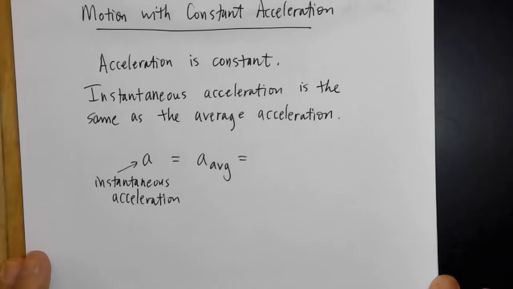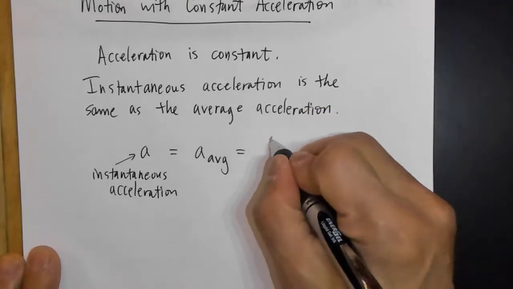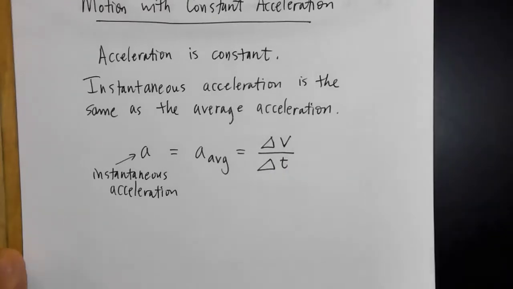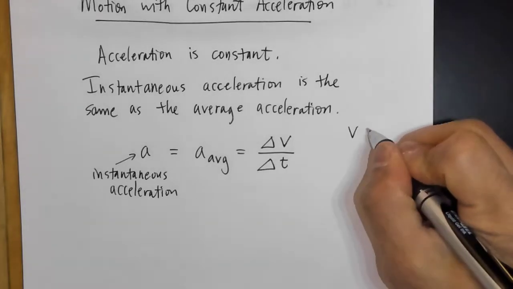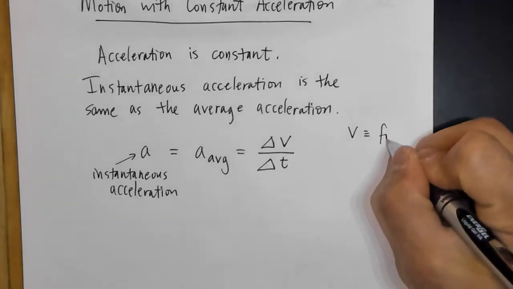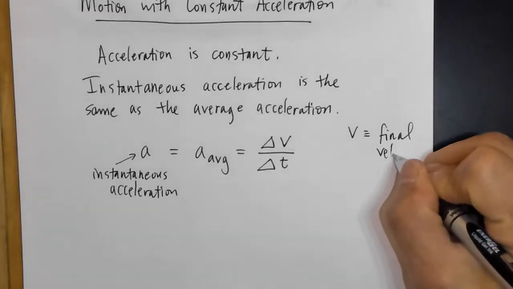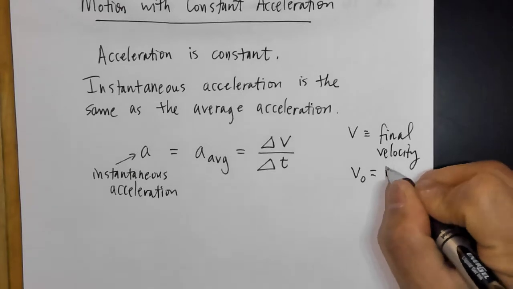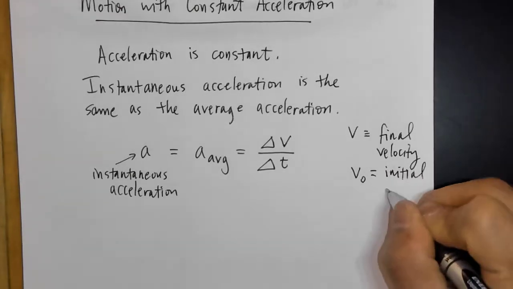But what was our formula for the average acceleration? In a given time interval, it's the change in the velocity over the change in time. Now, in what I'm about to do here, let me use v as the final velocity, and v0 as the initial velocity.